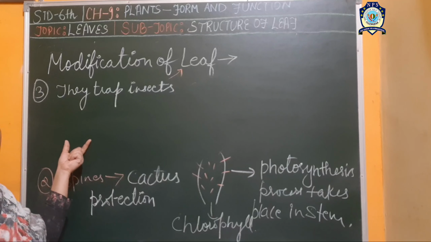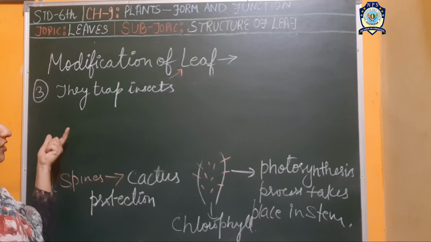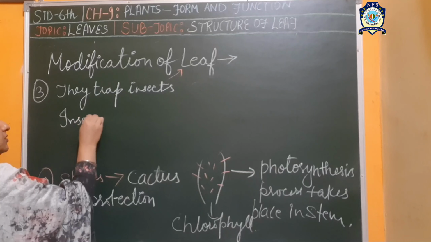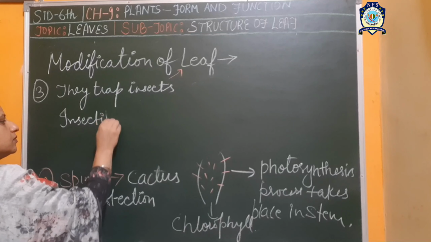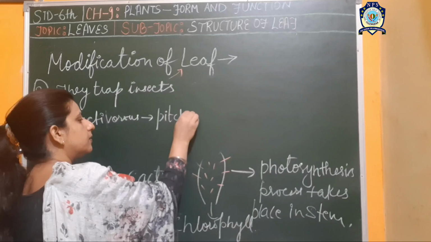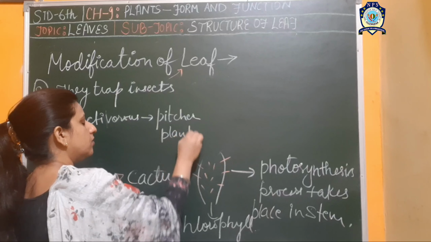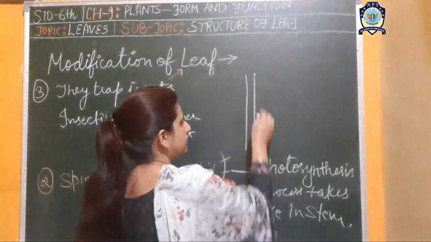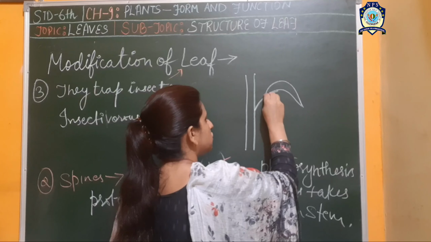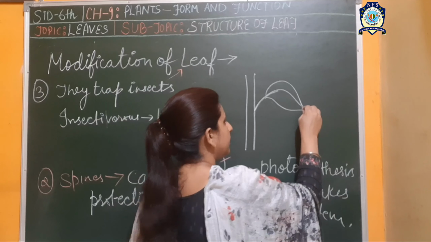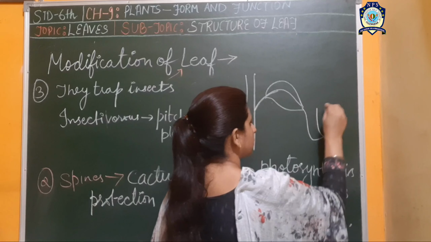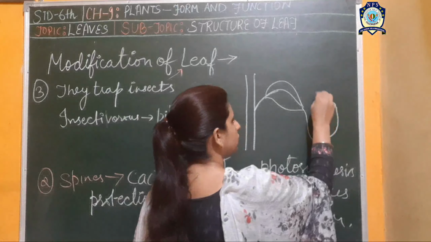If I take a very common example in this insect trapping plant, then the insectivorous plants, just like pitcher plant. If I draw a diagram, if this is the stem and this is the leaf of a pitcher plant, from the tip of the leaf, this type of structure arises.